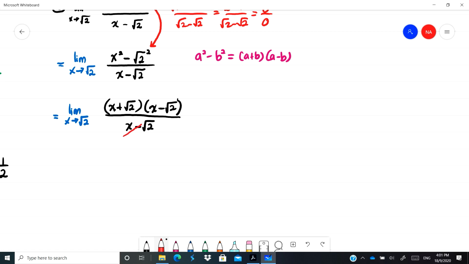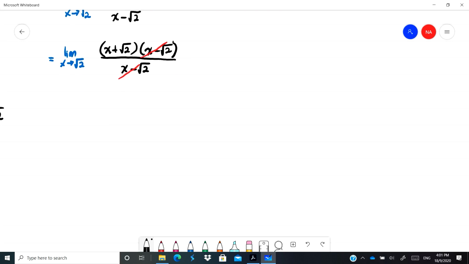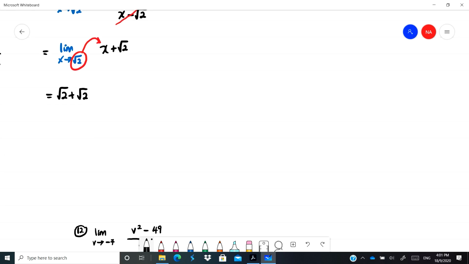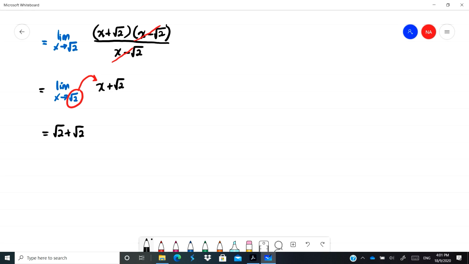You are left with the limit as x approaching square root 2 of x plus square root 2. Now you substitute the value of x with square root 2, so you will have square root 2 plus square root 2. Most students will get stuck here. This is actually 2 square root 2.